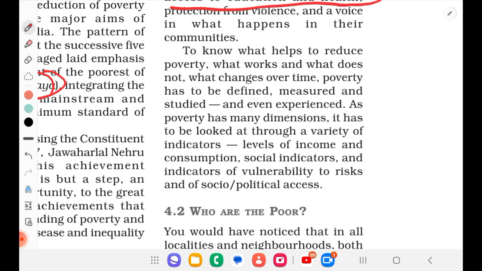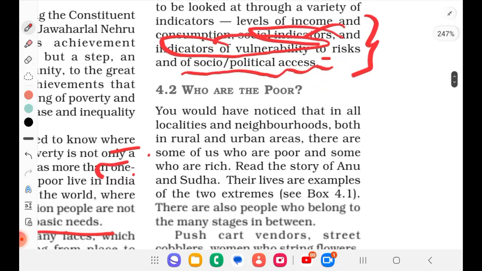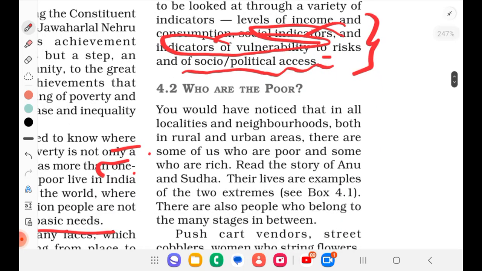As poverty has many dimensions, it has to be looked at through a variety of indicators: level of income and consumption, social indicators, indicators of vulnerability to risk, and socio-political access.